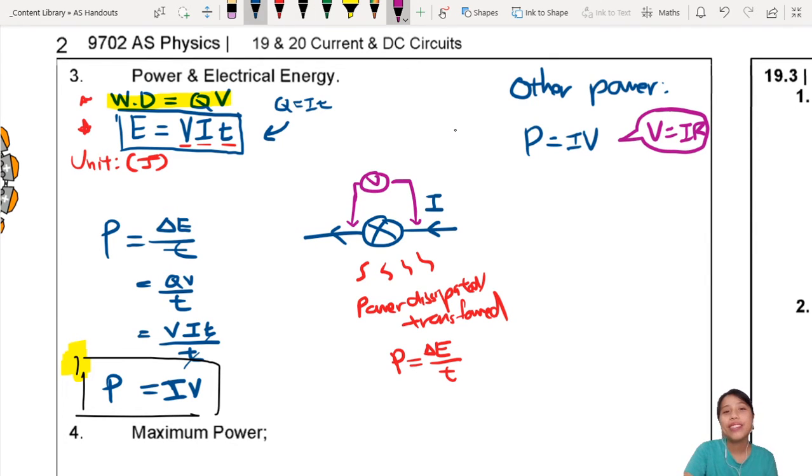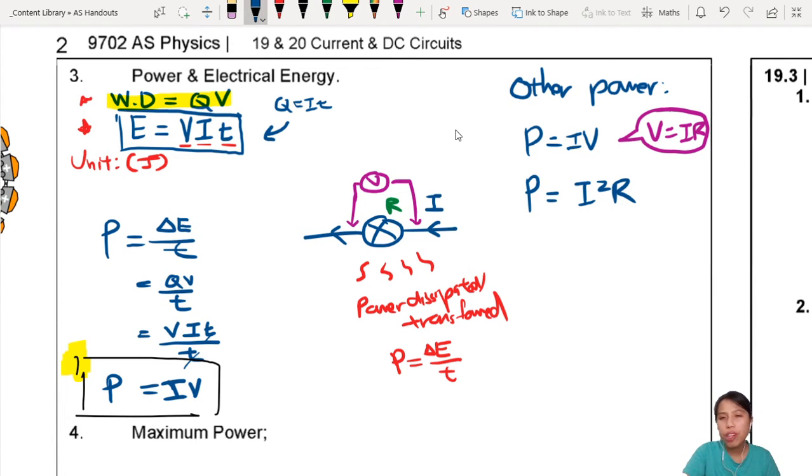And you can plug in Ohm's law to get rid of a number of things. For example, if I plug in V, then I will get I squared R. That means now you can relate the current I to the resistance R of the component, in this case a light bulb, and you can still find the power dissipated, power transformed, which is energy transformed per unit time. There's one more.